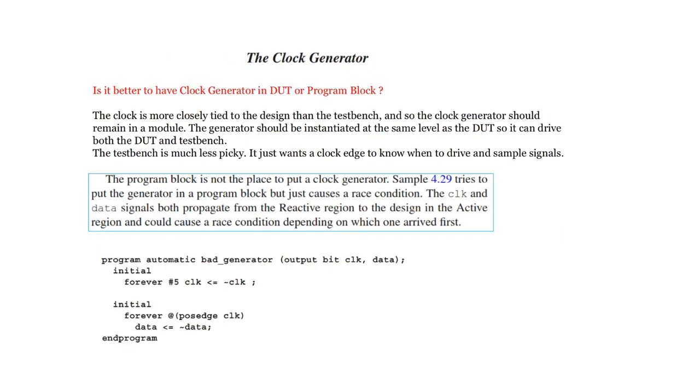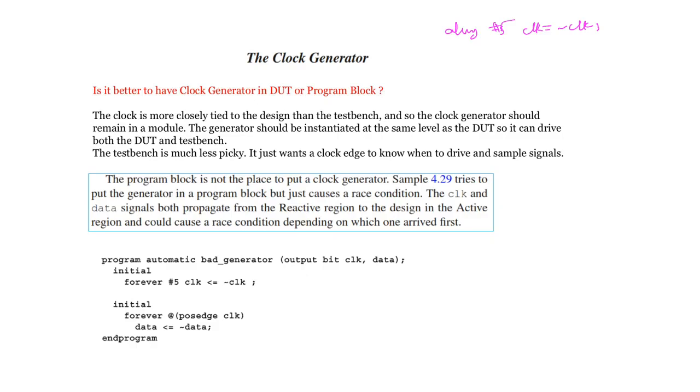Next, normally you have seen how to generate a clock signal. The general way is simply going with always #5 clock equal to not clock. So you are generating a clock signal of time period 10 in this way.